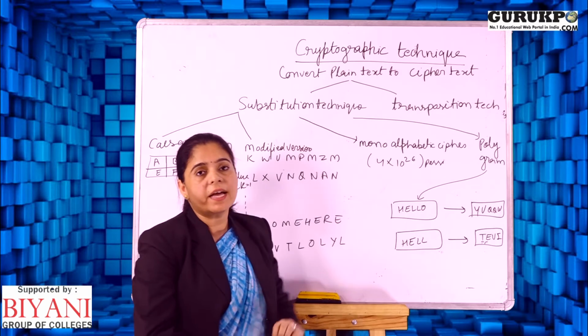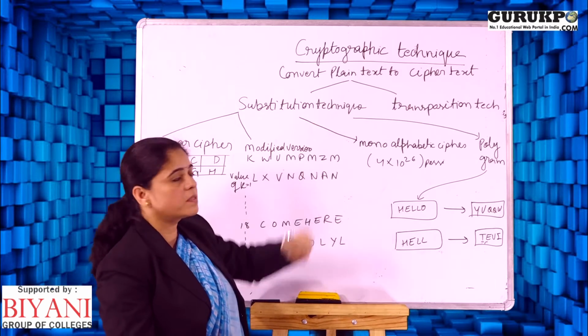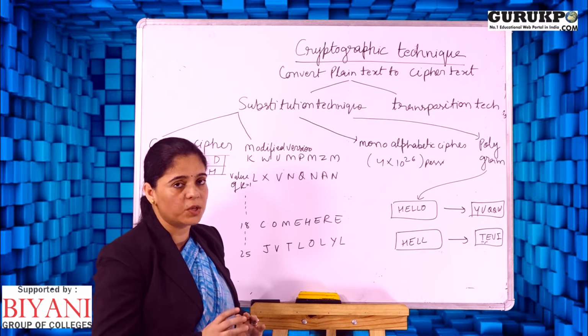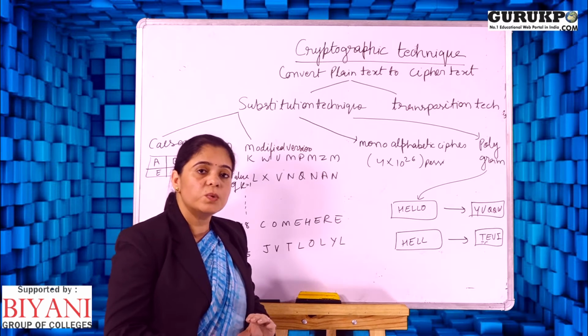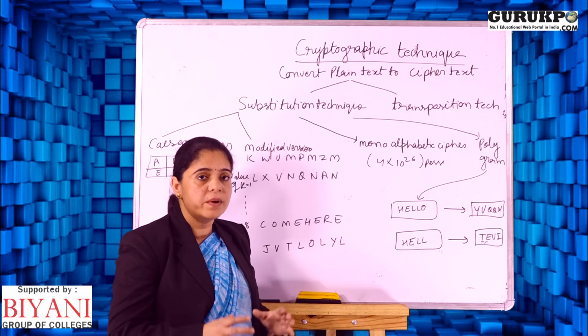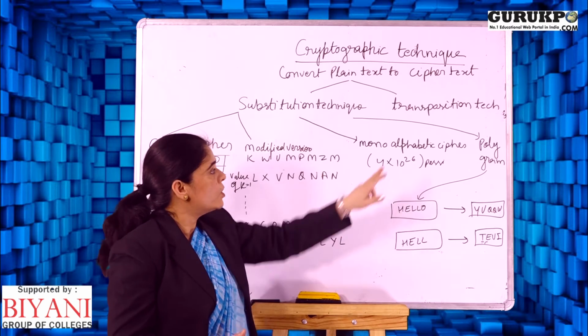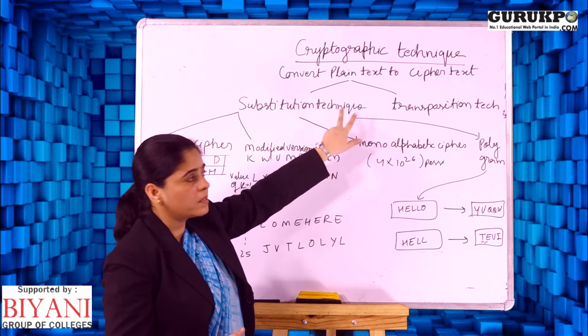The transposition technique is somewhat different from substitution. We again substitute the letters, alphabets, and symbols, but we also use some permutation and combination on the plain text. Today we will discuss both techniques.